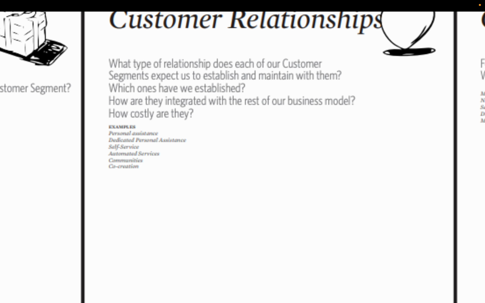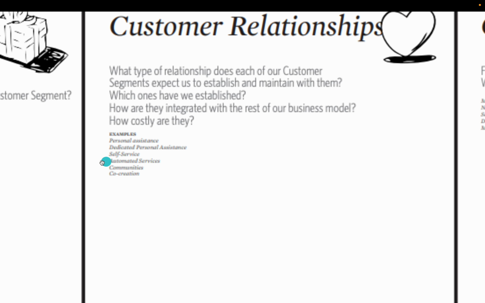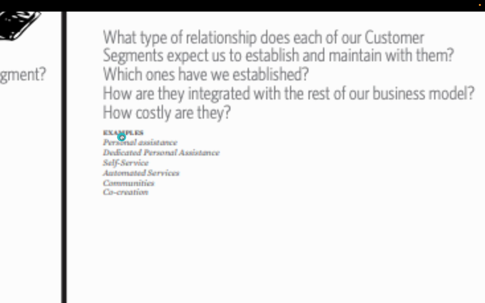So automation, this is a type of business. Self-service, this is funny because it reminds me of when I was younger, you go to these frozen yogurt stores, it's called self-service. You put the ice cream, you put the things, you scoop it, and then you pay, right? These are self-service businesses. Dedicated personal assistant.